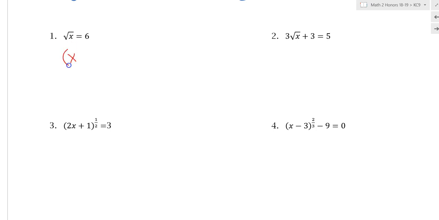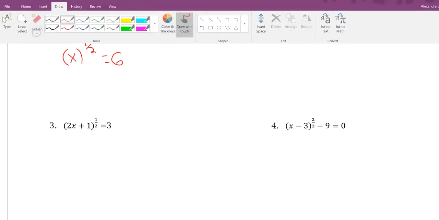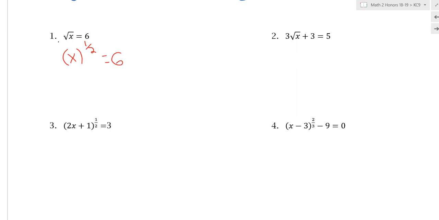But when we get other numbers, it sometimes makes it difficult to see why we do that. So if we switch it, x to the 1/2 equals 6, and then I raise that to the second power, right? The reason this works is because that 1/2 and that second cancel out. So we get x equals 6 squared, which is 36.